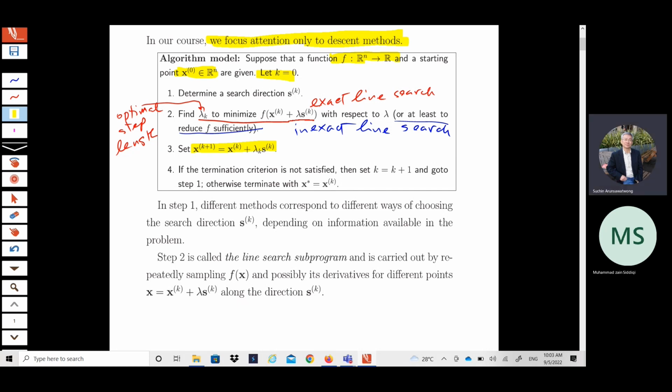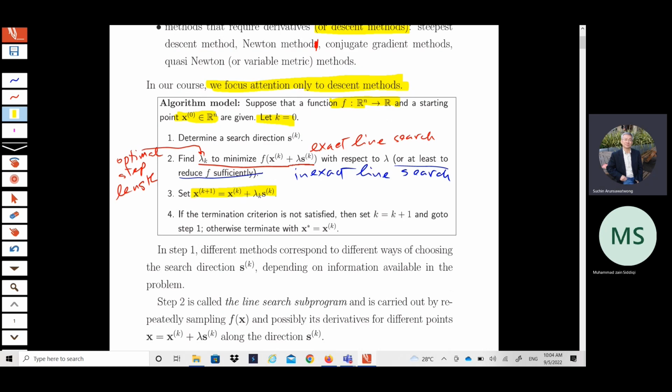The success in solving an optimization problem relies on how we do the line search. That is the most important part. If you use the best algorithm but your line search is very bad, then even a very good method for computing sk still does not work properly.